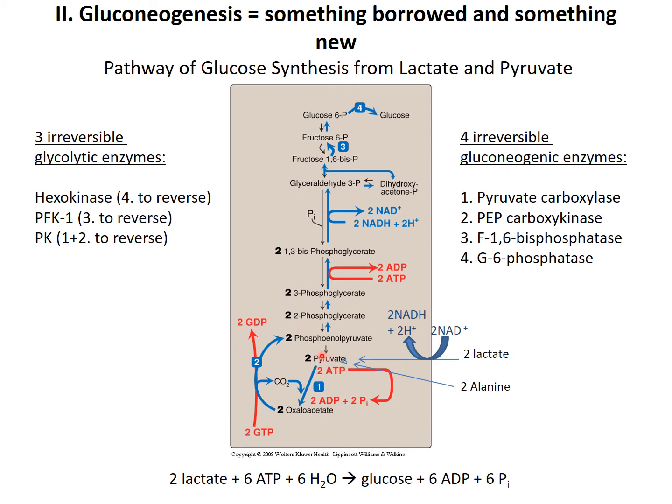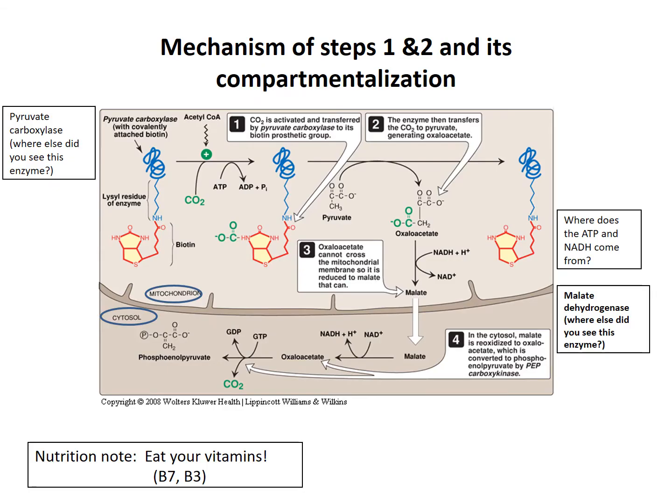Pyruvate carboxylase is one of the enzymes that reverts pyruvate kinase. So pyruvate carboxylase will produce oxaloacetate, and then PEP carboxykinase will produce phosphoenol pyruvate. So going back here, this is pyruvate carboxylase.